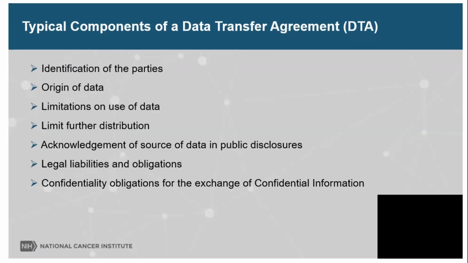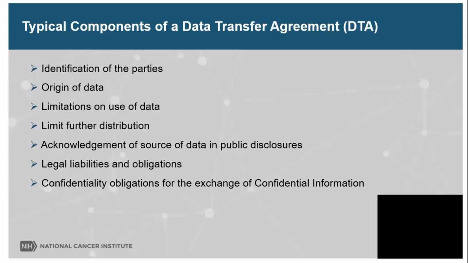You also want the receiving party to acknowledge the source of data in public disclosures, such as presentations, abstracts, or manuscripts, so the party that produced the data gets its due credit. There is typically additional legal liabilities and obligations language in a DTA, which also includes some of the regulations that I mentioned before. And then there may be some language related to confidentiality obligations that is only present if the data or any information being provided in the DTA is confidential.